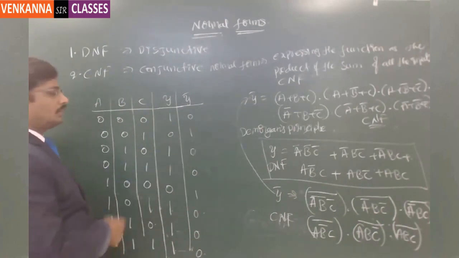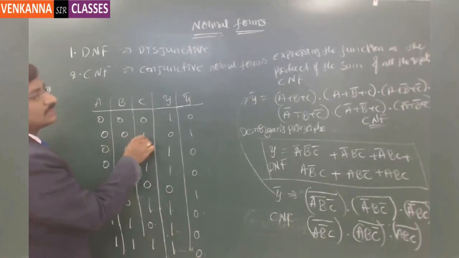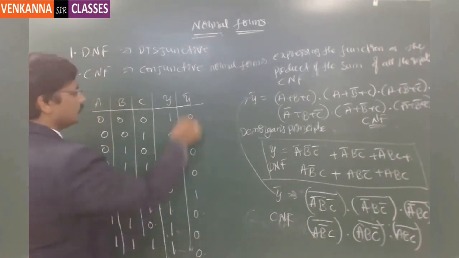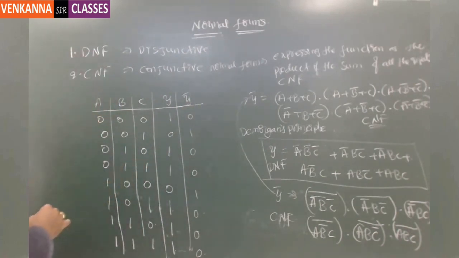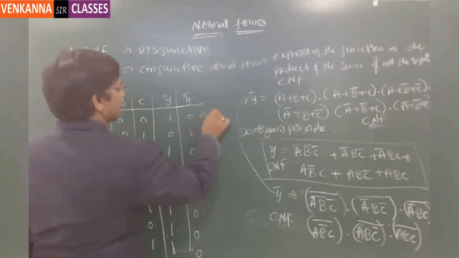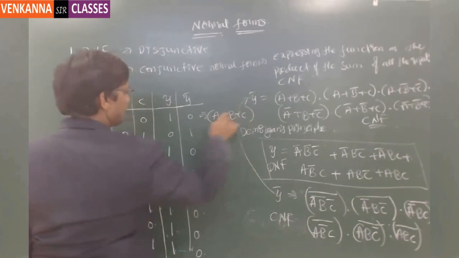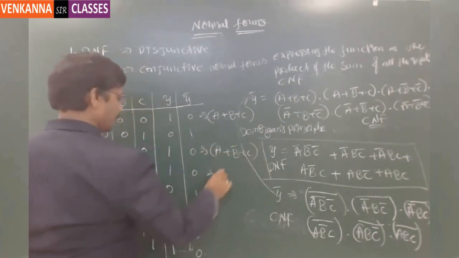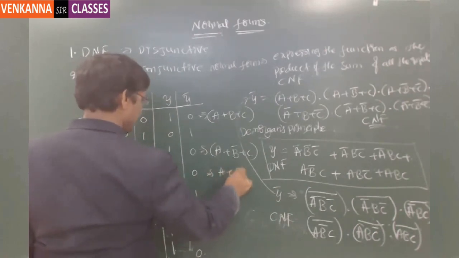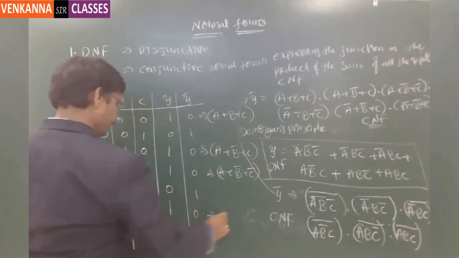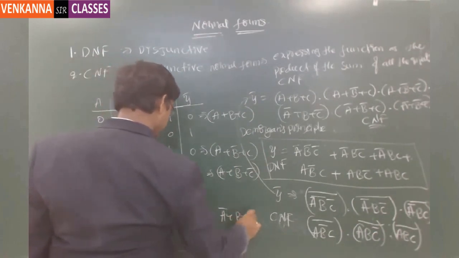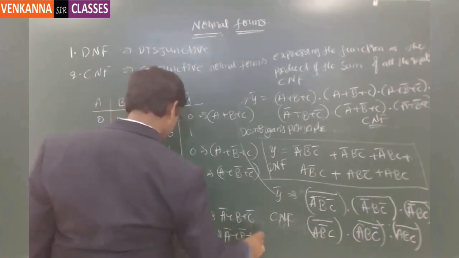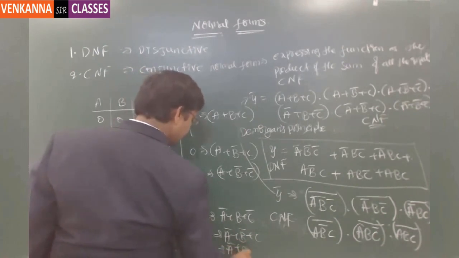So if you want to get 1 here, then A bar plus B bar plus C. So you are going to get Y bar as A plus B plus C, and here A plus B bar plus C, and here A plus B bar plus C bar, and here A bar plus B plus C bar, and this one A bar plus B bar plus C, and this is A bar plus B bar plus C bar.